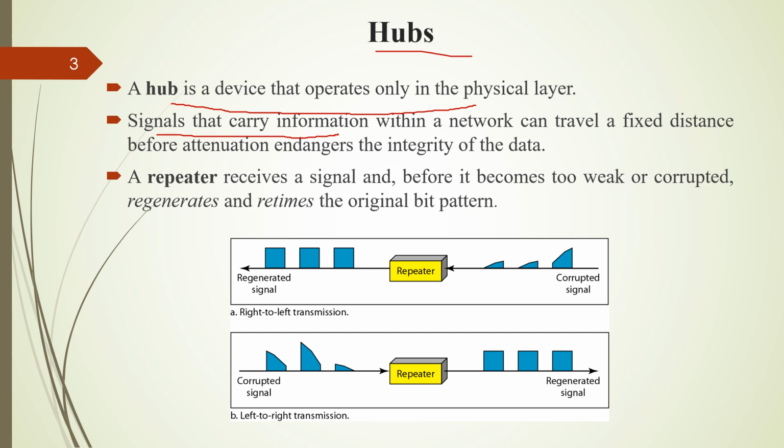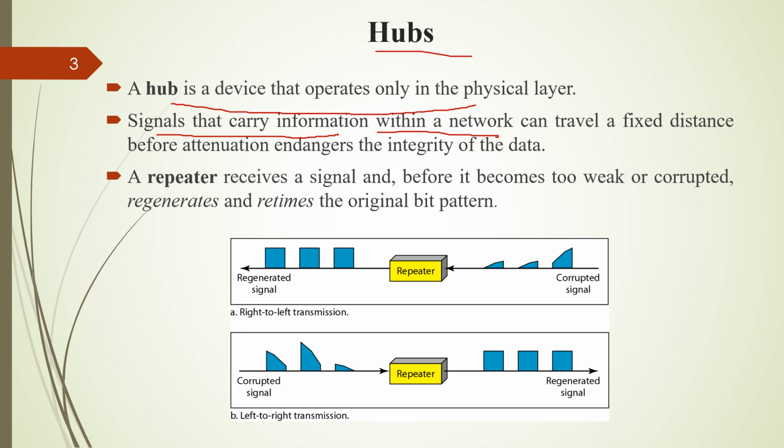From the physical layer, the data is transmitted to the transmission medium. To transmit in the transmission medium, the bits are converted into signals. Signals that carry information within a network can travel only a specified distance.